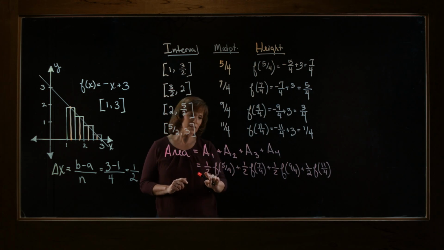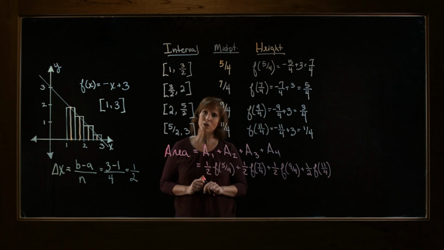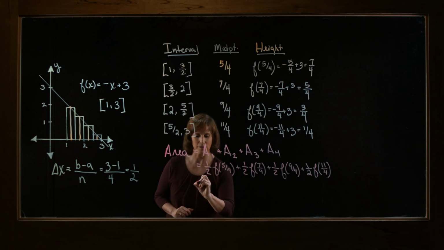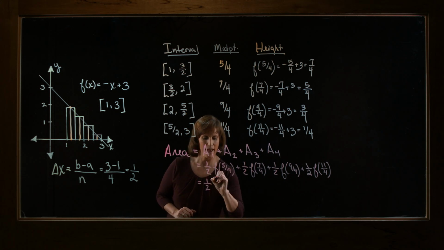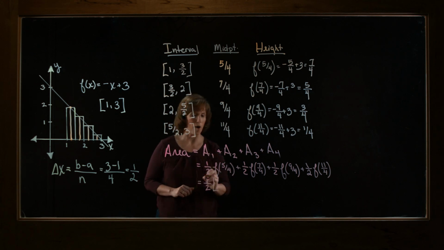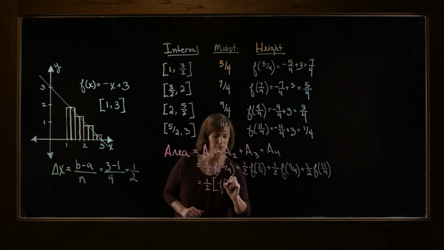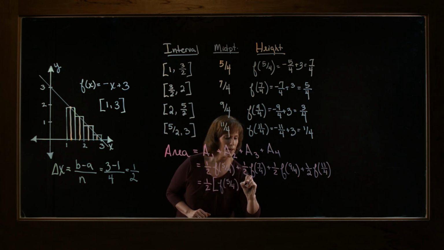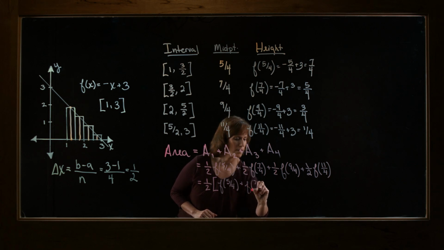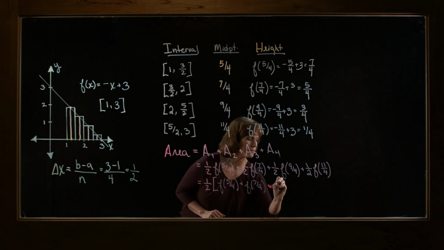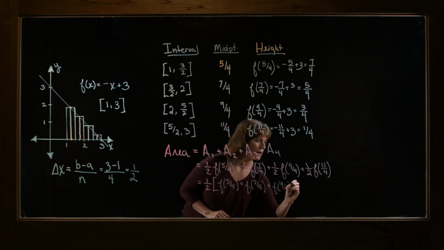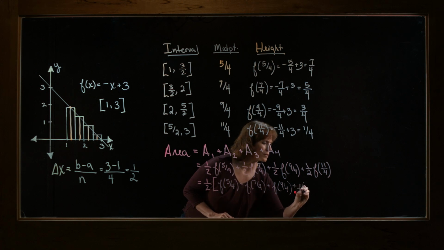Okay, now I notice that there's a 1/2 in each of those terms, so I can factor that out. So I'm going to have 1/2 times the quantity f of 5/4 plus f of 7/4 plus f of 9/4 plus f of 11/4.